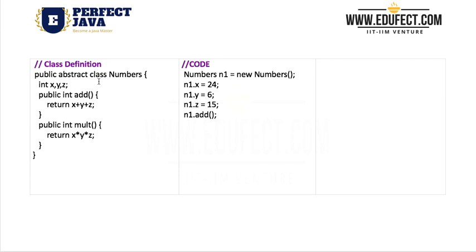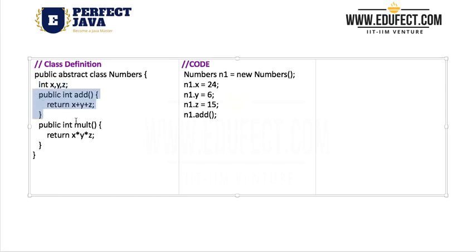Okay. Let's look at one more example. Here we have declared a class numbers. In this class numbers, we have three fields x, y, z of type int. We have a method add, which has an implementation. Then we have a method mult, which also has an implementation. Perfect. And then we have defined this class as abstract.